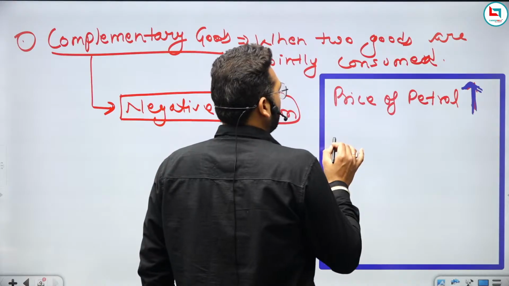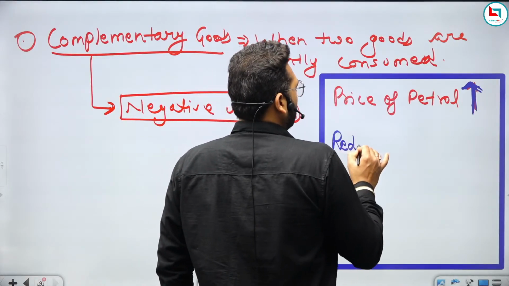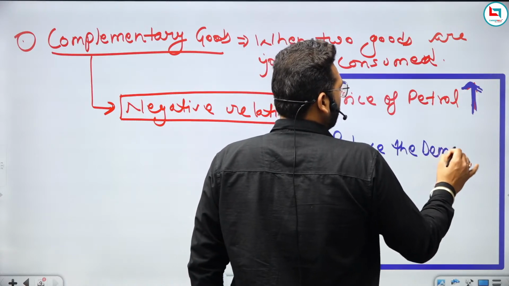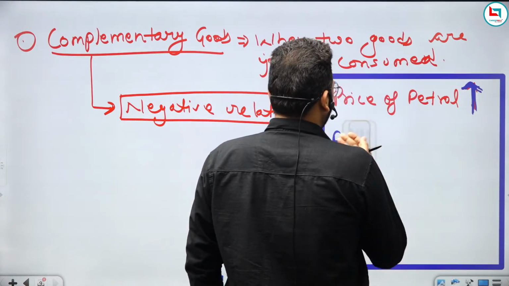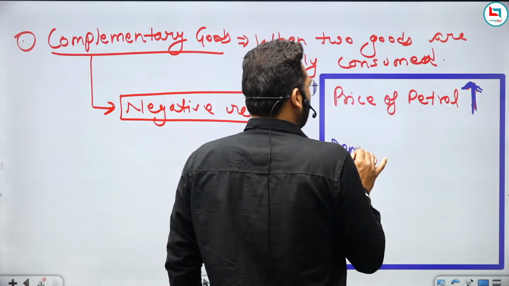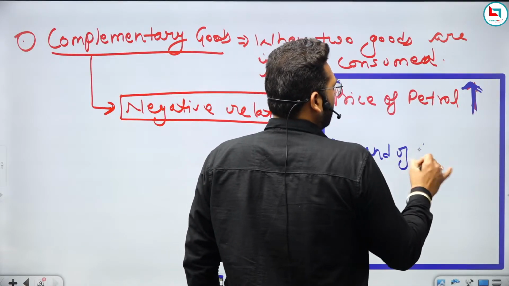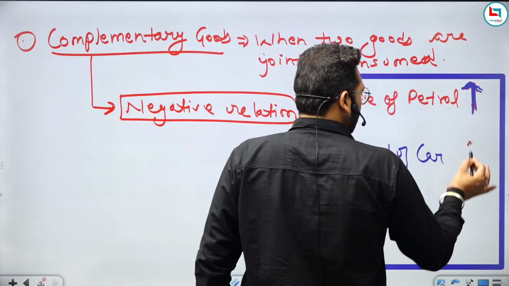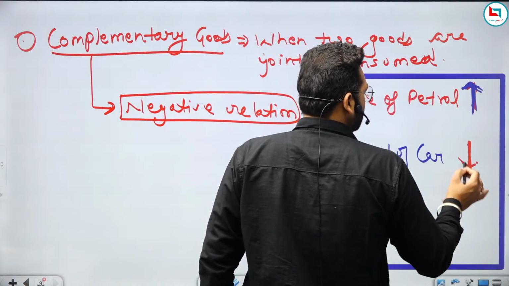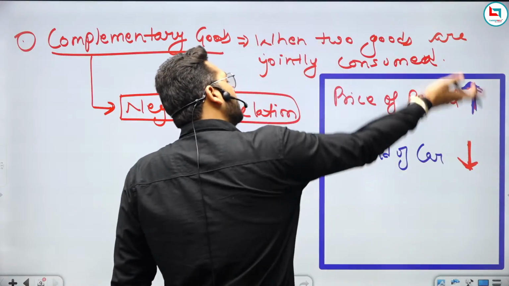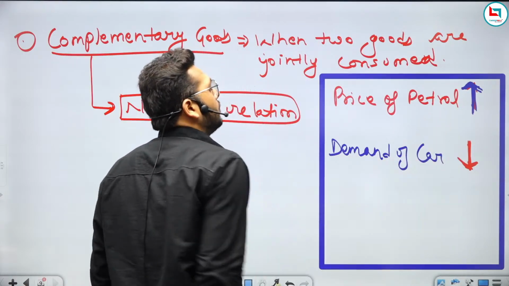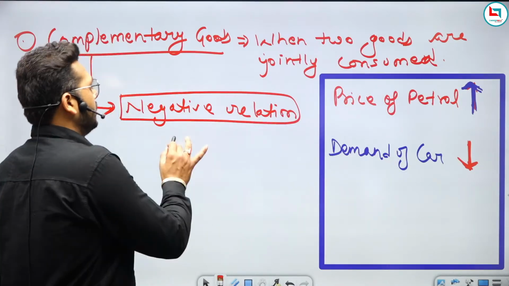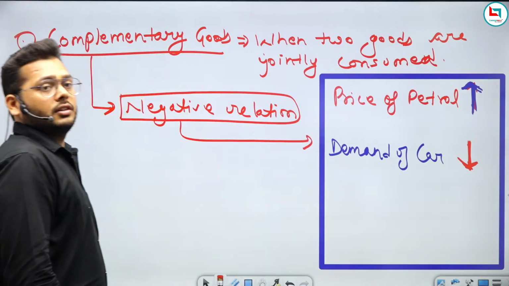It will reduce the demand of car. So if there is an increase in the price of petrol, it will reduce the demand of car. This is what we can say. It is showing the negative relation.